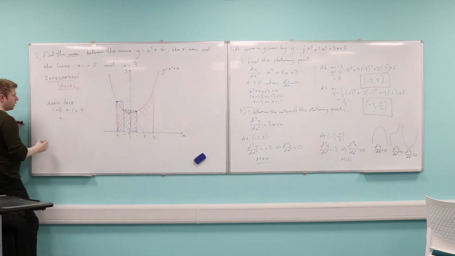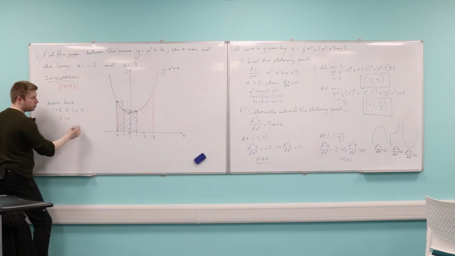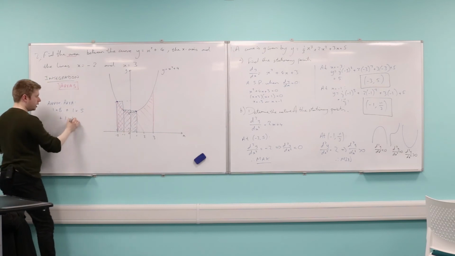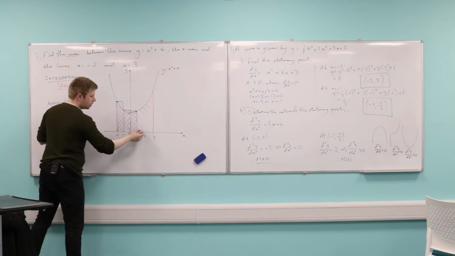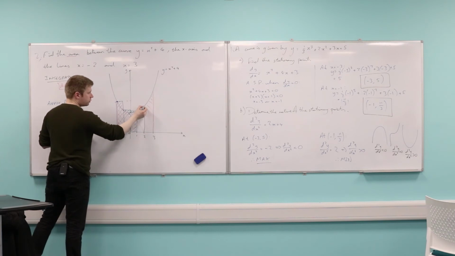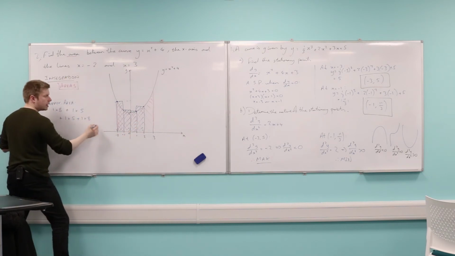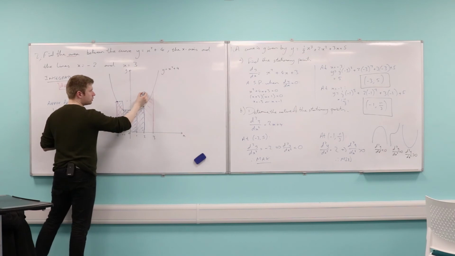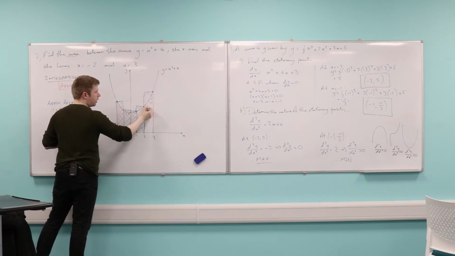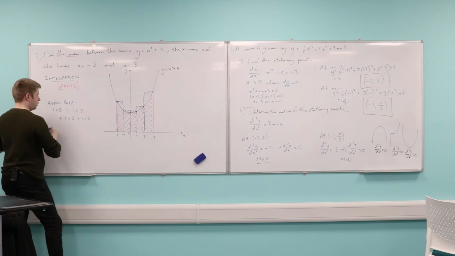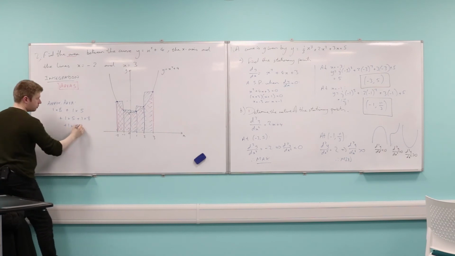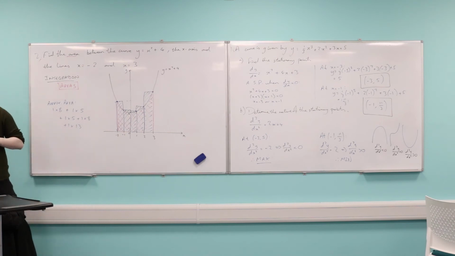It's going to be 1 multiplied by 5 again. Then from 2, we work out the height of that rectangle, so it's 1 times 8. Then the last one, 1 multiplied by 13. Does that make sense what we've done there?